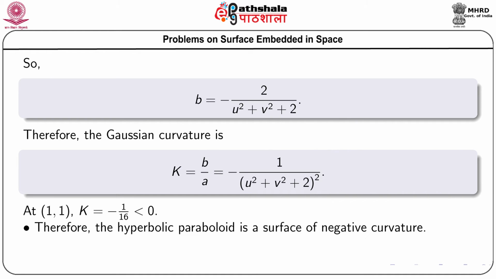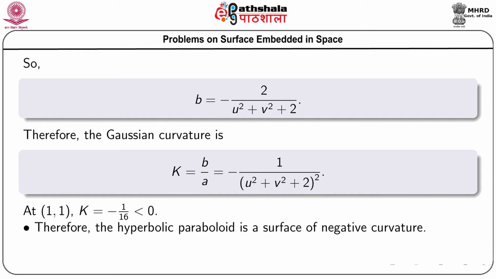Therefore, the Gaussian curvature is k equals B by A. We know from the Gauss equation, this is the Gaussian curvature, which comes to minus 1 by (u square plus v square plus 2) whole square, and at the point u equals 1 and v equals 1, the Gaussian curvature is coming to minus 1 by 16, which is less than 0.